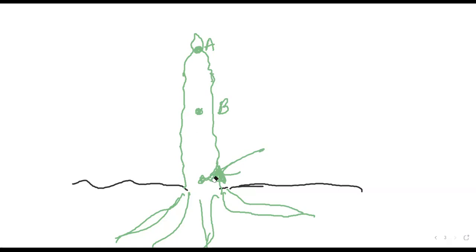We are thinking, if the plant grows as a result of increasing the size of the parts at point C, that means the number of cells at the place of C should increase. The number of cells in the part of the plant at point C should increase, right?